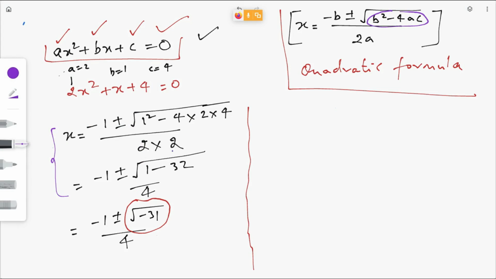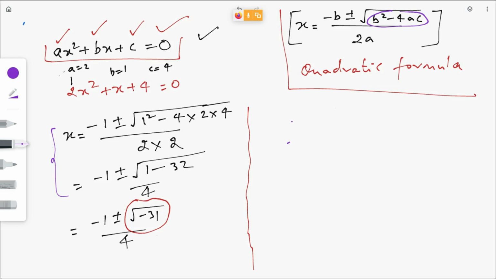Instead of putting the equation into the quadratic formula and then solving, first I will find this b square minus 4ac. If b square minus 4ac is not a negative number, then we can use the quadratic formula. Because if it is a negative number, we will be stuck here, yes or no?